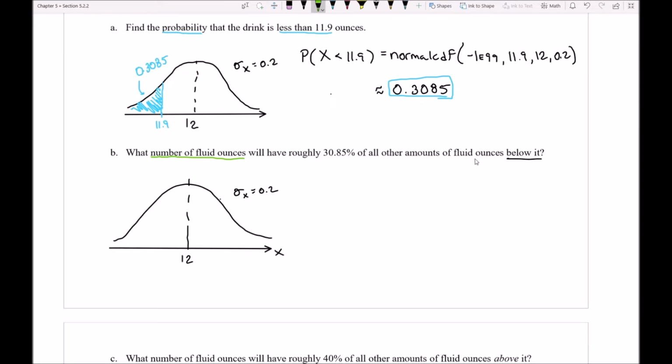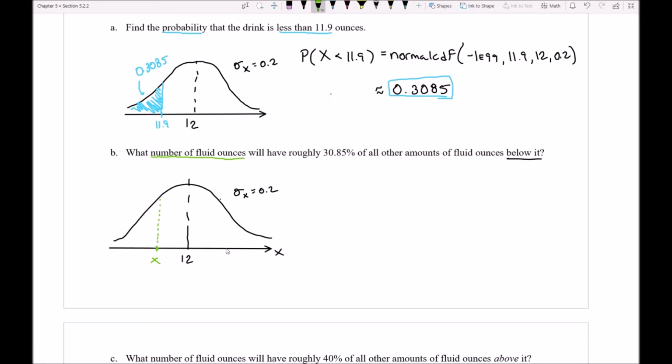If I go below it, there should be about 30.85%. Well, doesn't that mean my X value has to be somewhere over here on the left side of 12?